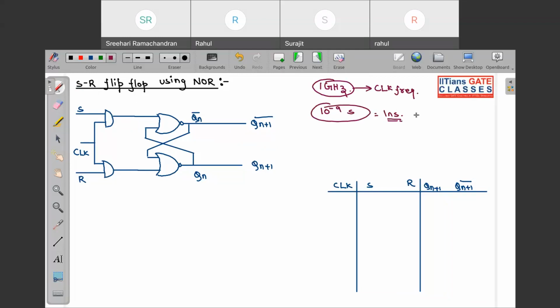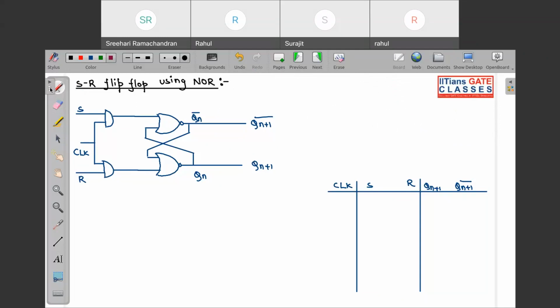So your execution becomes very fast, or in a single second you can perform 10 to the power 9 operations. That is a very high number, which is why a higher clock frequency is desirable. The clock is a circuit that synchronizes all the other latches, or flip-flops.